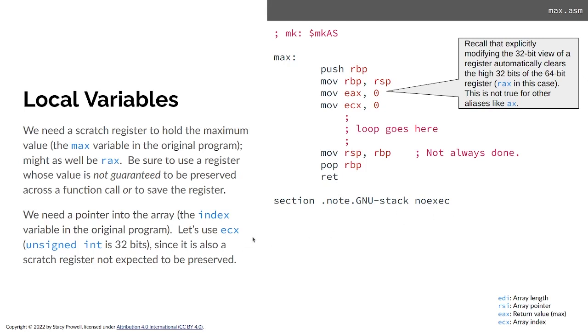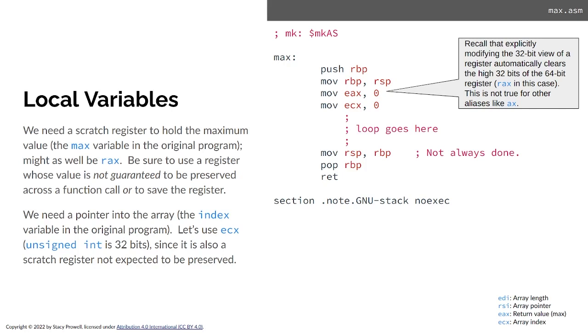All right. So we're going to need a scratch register to hold our maximum value. Now, our values are going to be 32 bits, so we might as well use the 32-bit view of a register. In this case, we'll use EAX to hold the max. And that's convenient because EAX is not one of the ones we get an argument in, but it is where we store the return value.